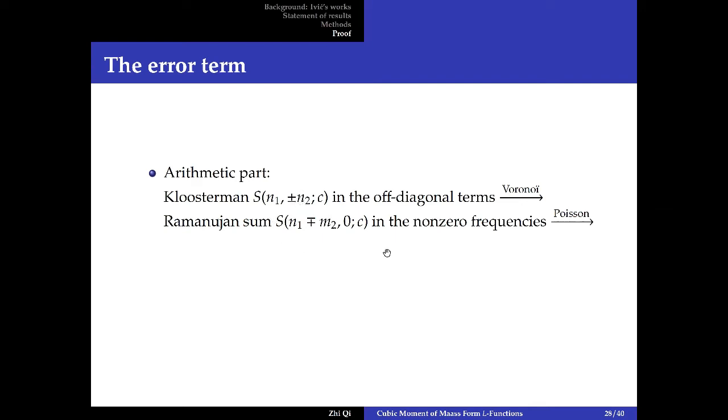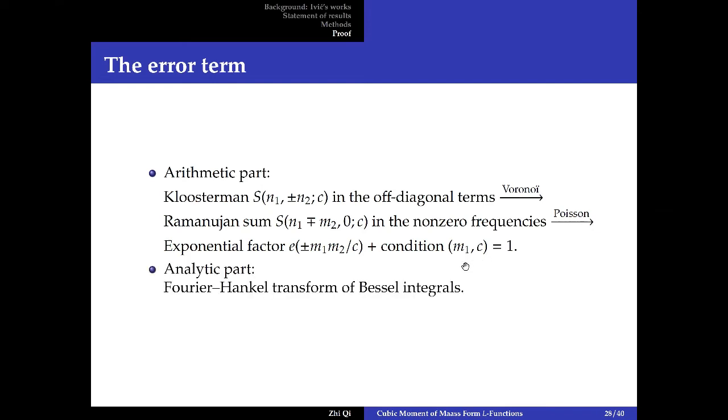So you have a Ramanujan sum, and then you apply Poisson, and you will get an exponential factor like M1 M2 over C. And also, you have this coprimality condition to ensure that there's really no zero frequency after Poisson. So keep this exponential factor in mind; we'll have this later.